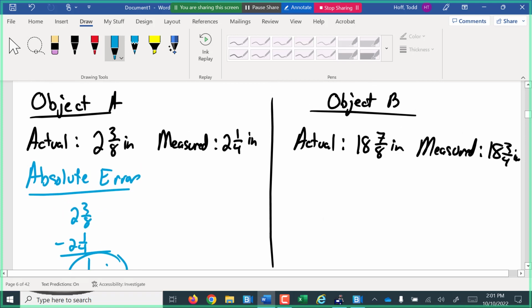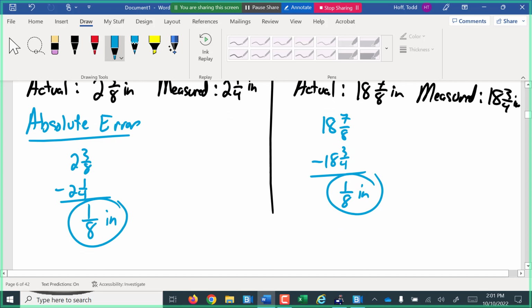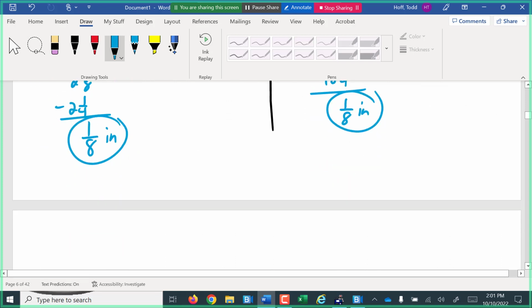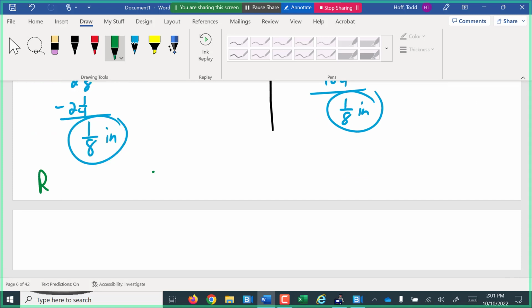For object B, well, 18 7/8 minus 18 3/4, that's again 1/8 of an inch. They both have the same absolute error, but the story really is completed with the relative error and the percent error.